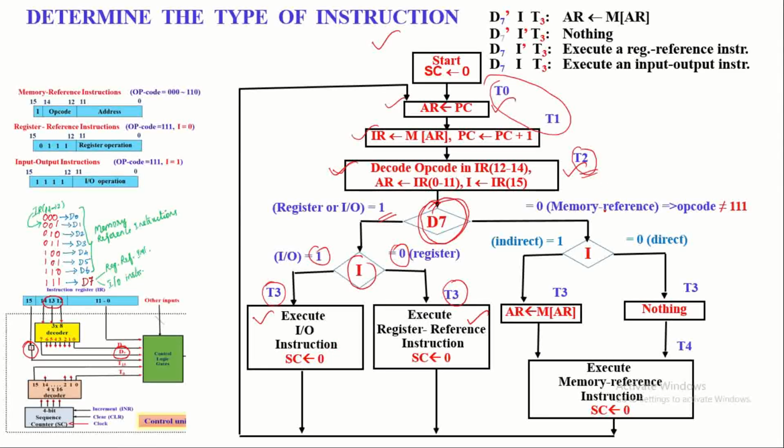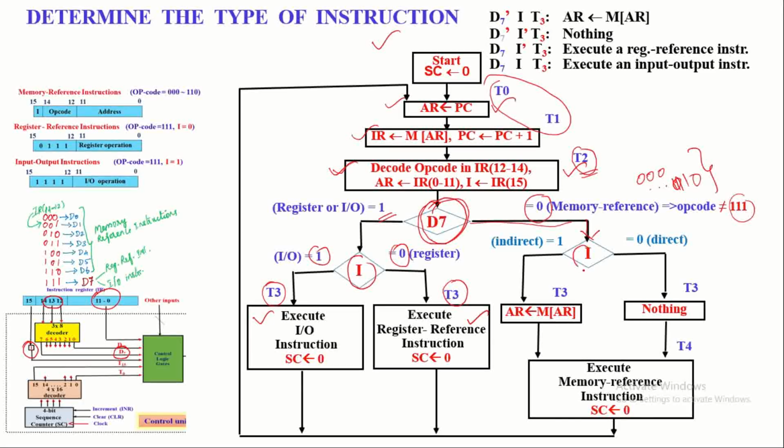Coming to the other side, if D7 is equal to 0, that is, when the opcode part is not equal to 111 and holds values from 000 up to 110, then it can be of type memory reference. The address part of the instruction contains either a direct address or an indirect address.